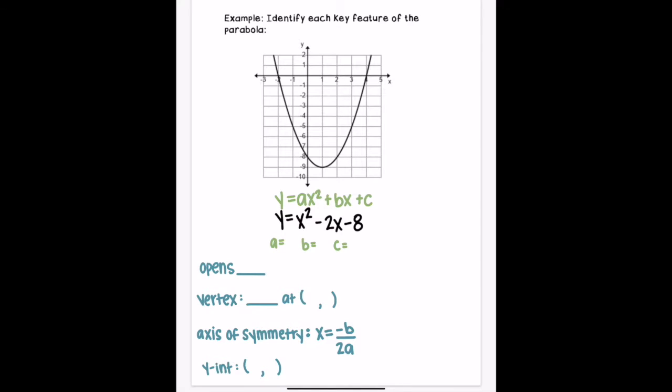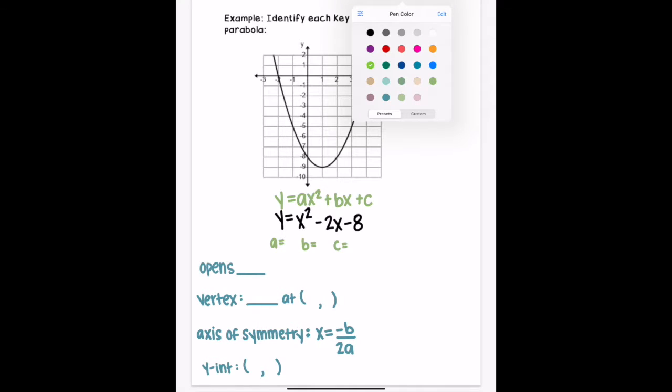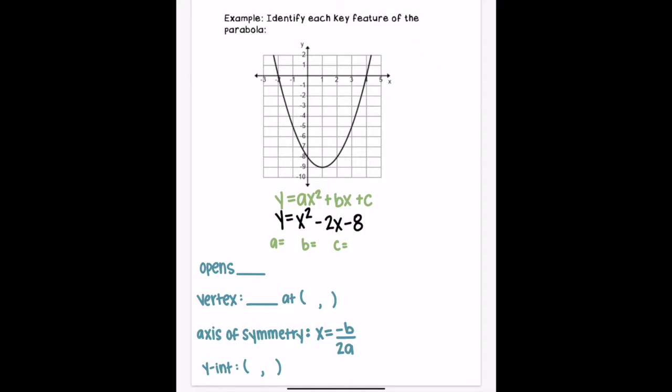So in this parabola, we have the graph, but we also have the equation. From the graph, we can see that this opens upward, but it opens upward because our a value is what? Well, our a value, even though you don't see it, it's understood to be a 1 because it's the coefficient of a variable that doesn't have another number in front of it.